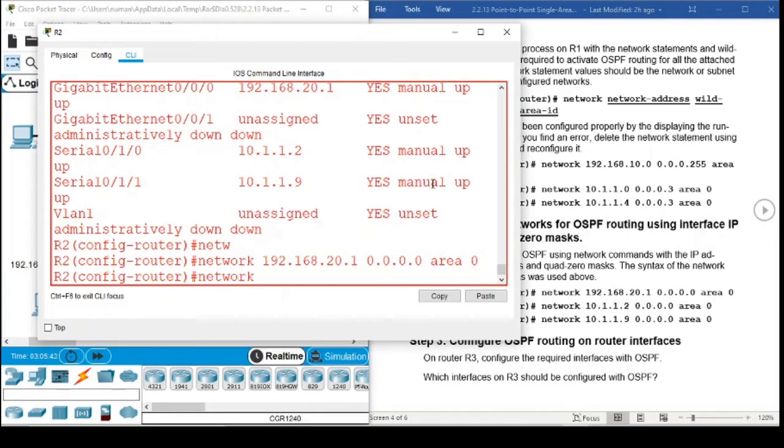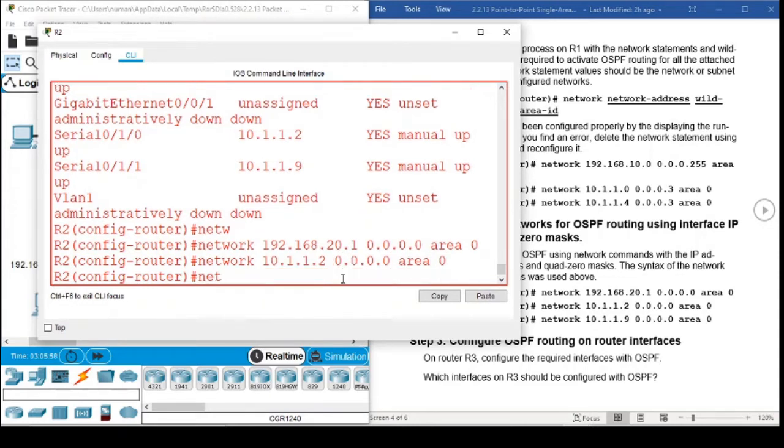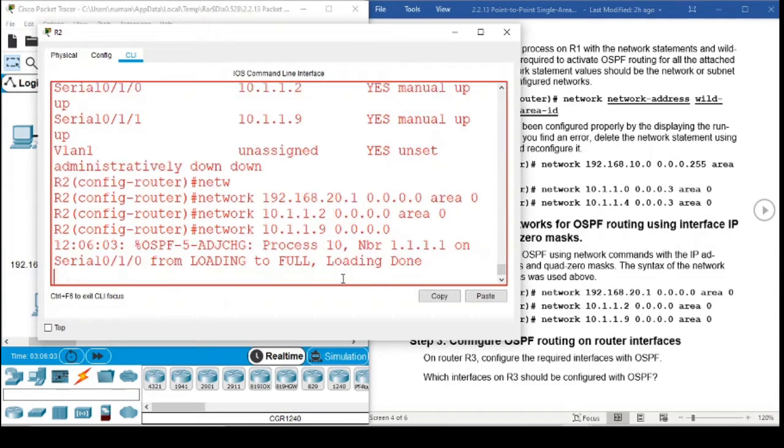Similarly for the wide area network, network 10.1.1.2, that is the second interface address, have you noticed here? Okay, then again put quad 0 and area 0. Then again we have a third network, 10.1.1.9, again quad 0 and area 0.